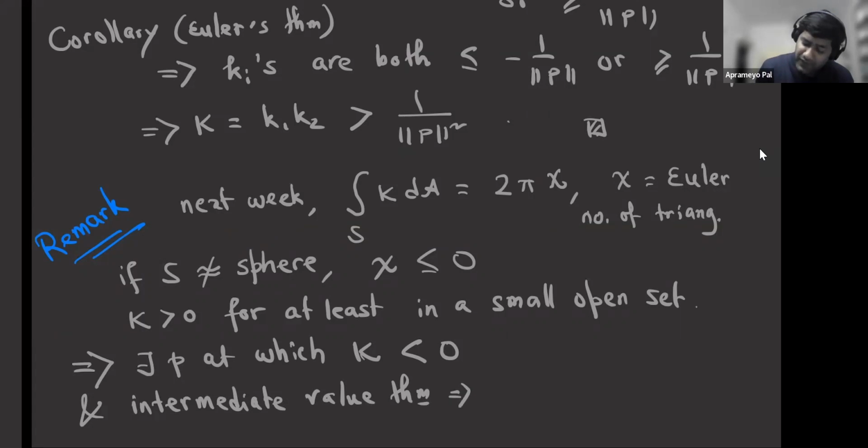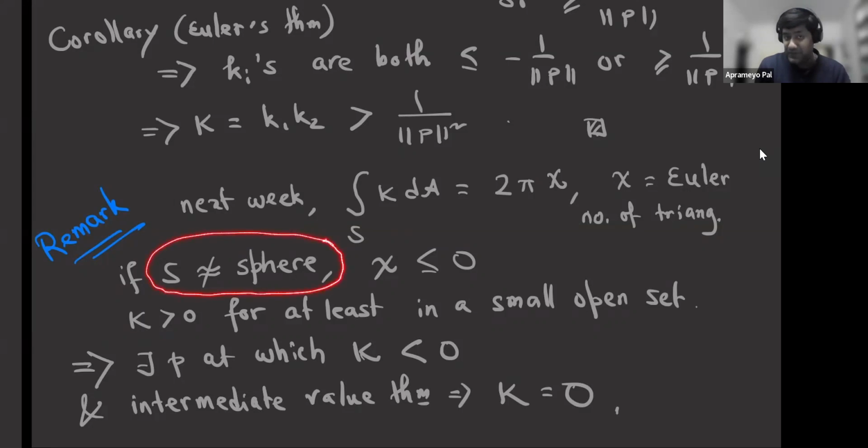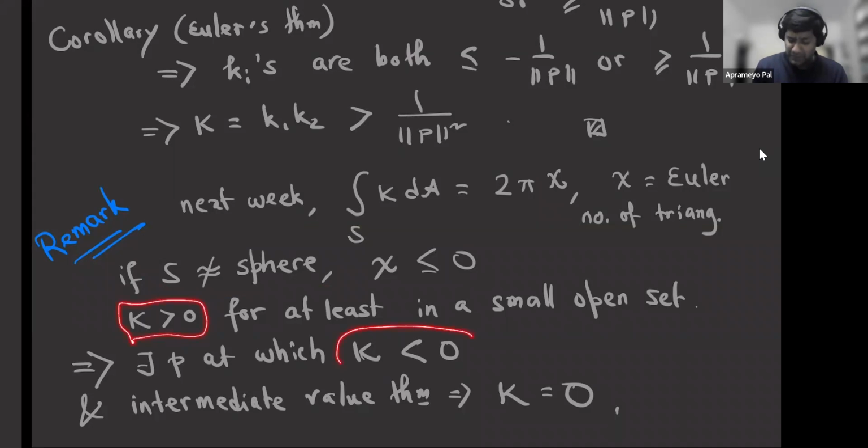Then you will also find a small surface patch where kappa will be 0. So finally, the conclusion, a very nice conclusion: if you have a surface which is not homeomorphic to a sphere, then there will be some surface patch where the Gaussian curvature is positive, some where it is negative, and also some where it is zero.